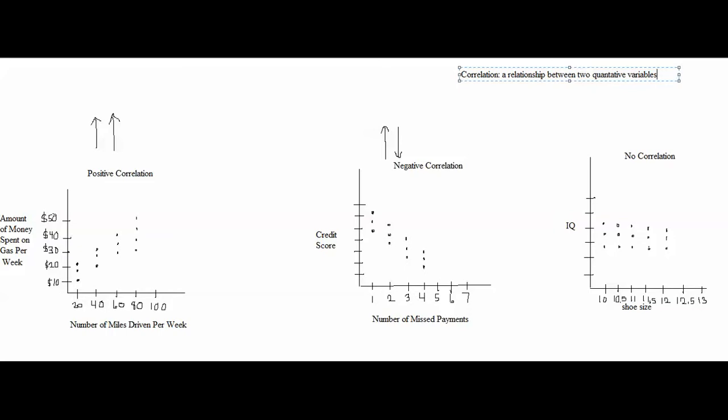And it's also a relationship in which a person's value on one variable is at least roughly predictable based on the person's value on the other variable. And I'll talk about what I mean by that.